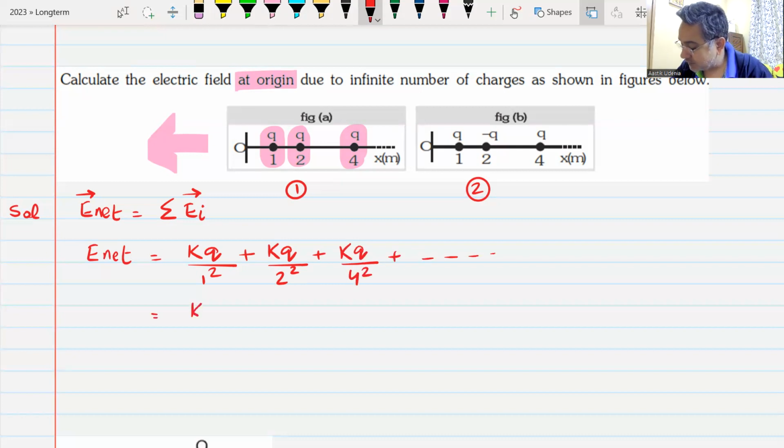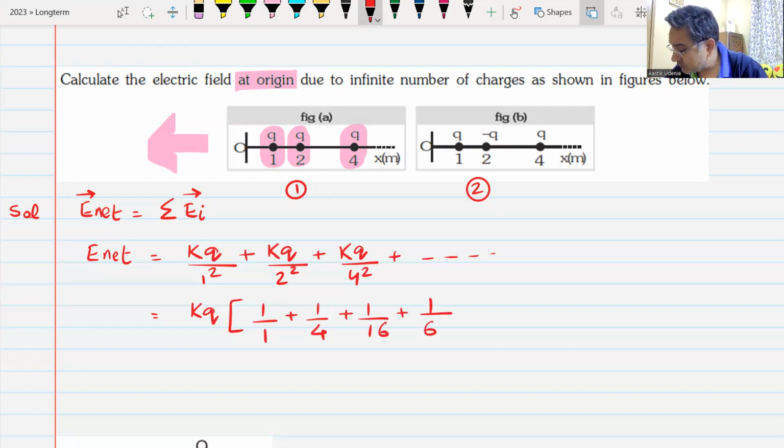Basically, taking kQ common, it is 1 by 1 plus 1 by 4 plus 1 by 16, plus the next one, 8 square is 64, plus 1 by 64 and so on till infinity. This is an infinite GP with common ratio 1 by 4.